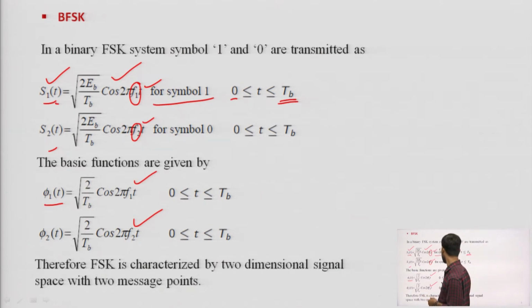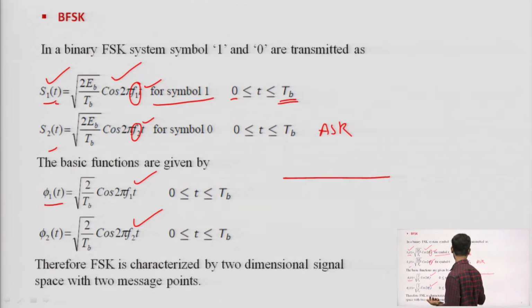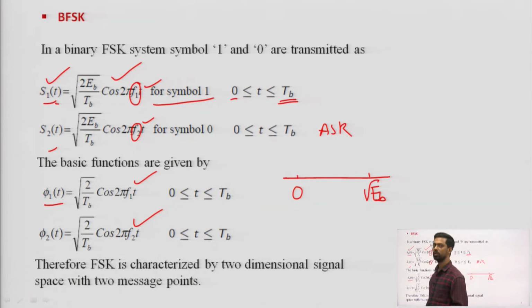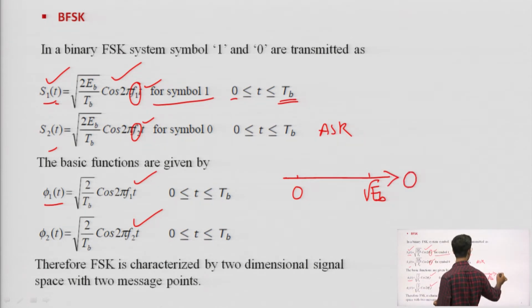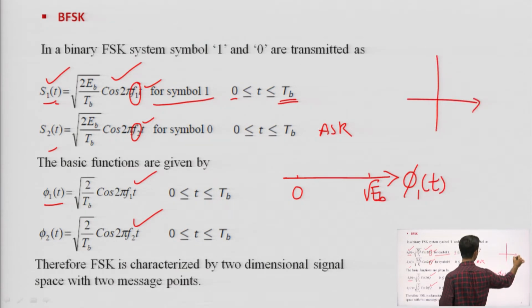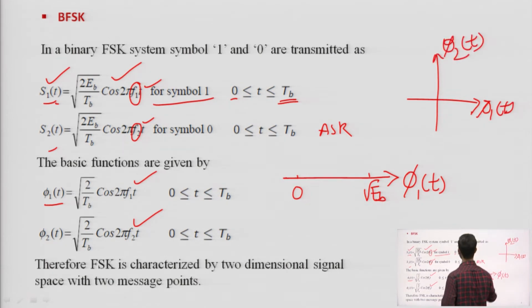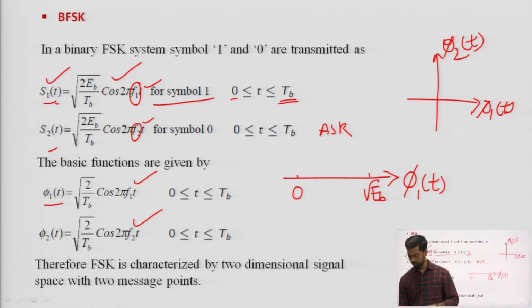Therefore, FSK is characterized by a two dimensional signal space with two message points, but in ASK it was only one dimensional with two message points, 0 and root EB. In FSK we have phi 1(t) and phi 2(t) as the two dimensions.